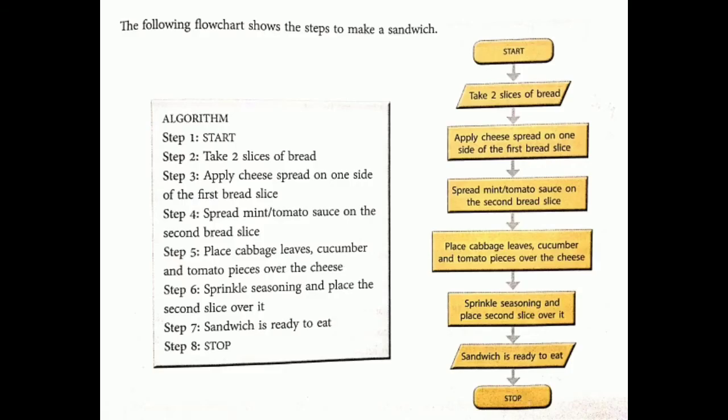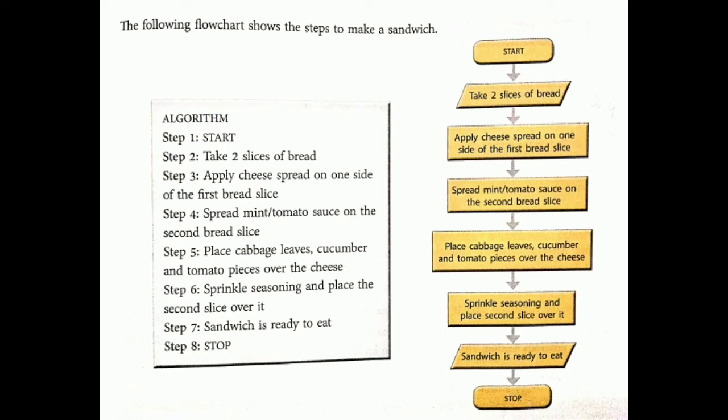Next, let us see how we can draw a flowchart for making a sandwich. First we have to write the algorithm before drawing the flowchart. In the algorithm, step number 1 is start. Step 2, take 2 slices of bread. Step 3, apply cheese spread on one side of the first bread slice. Step 4, spread mint or tomato sauce on the second bread slice.